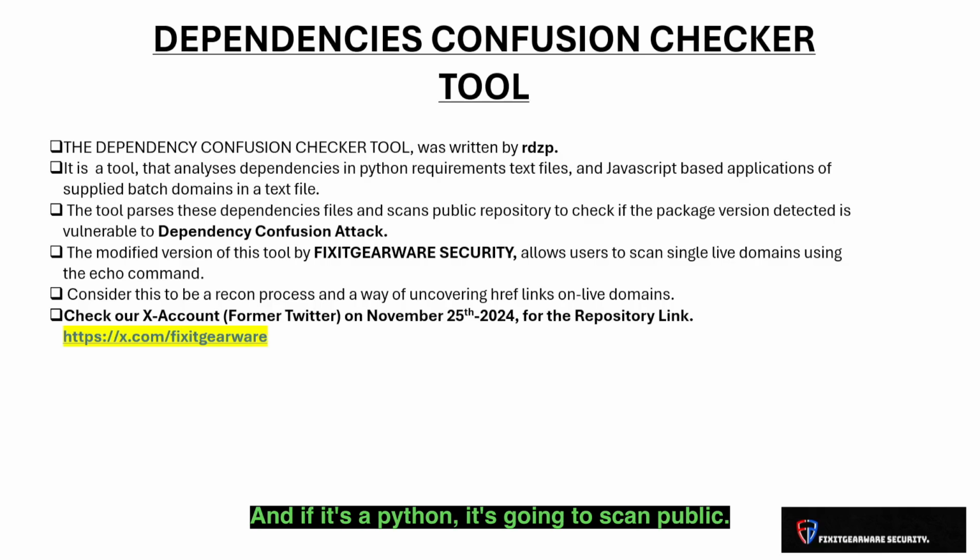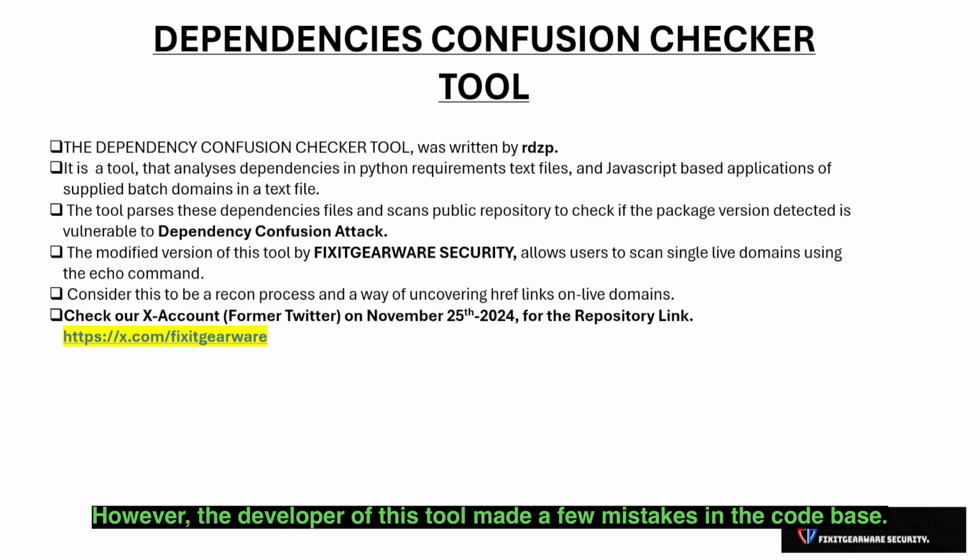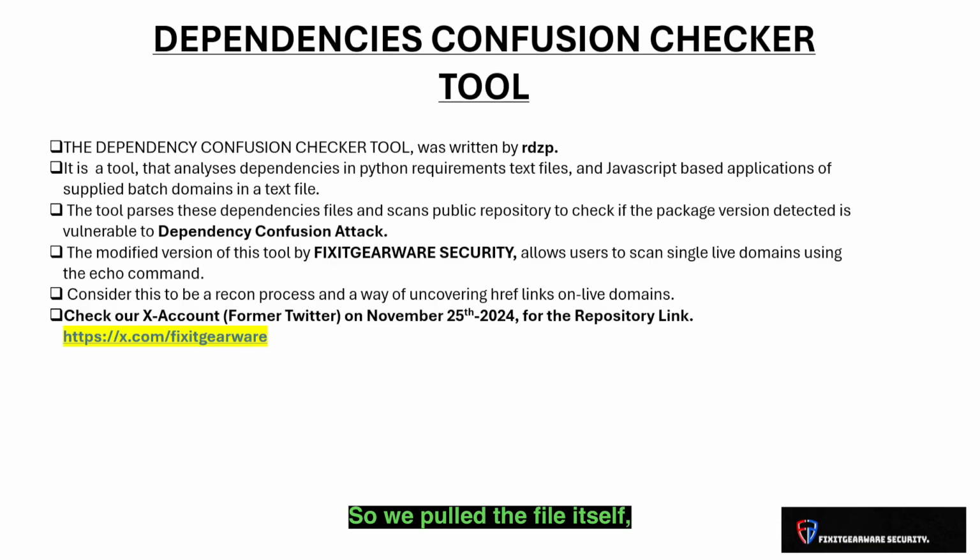And if it's Python, it's going to scan the public repositories of pypi. Now, once it scans through, it will print out on your terminal the list of domains that are vulnerable to dependency confusion attack.